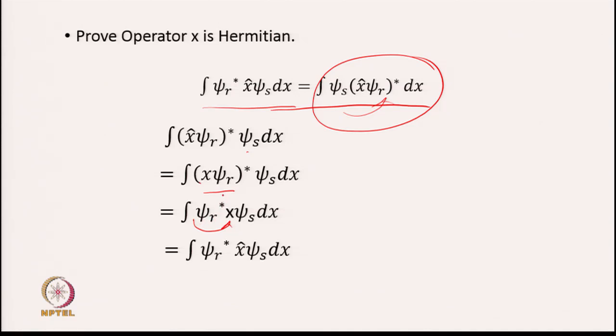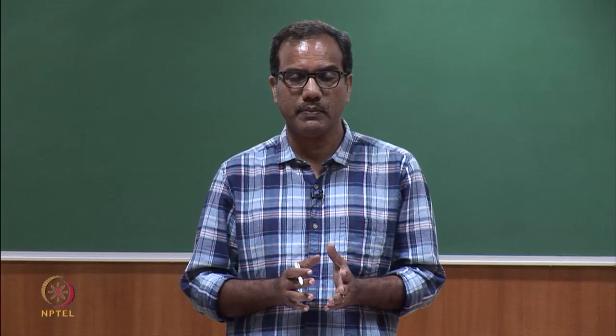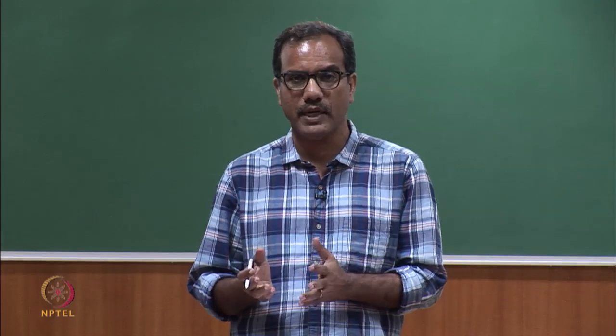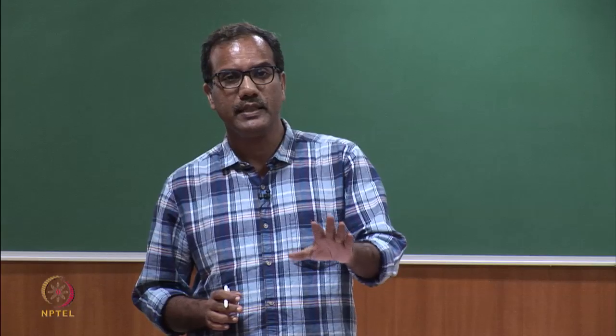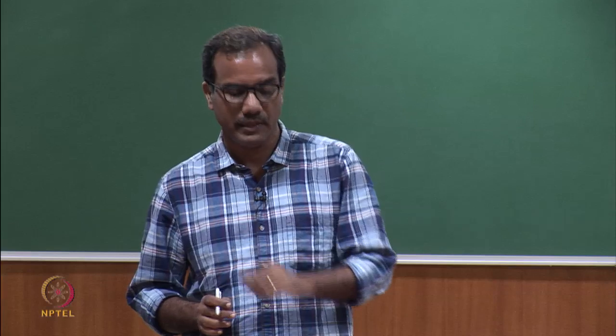So, psi r star, which comes from here, multiplied by x, x taken to this side, and psi s dx. Now, this x psi s can be written as the x operator into psi s, which is basically x multiplied by psi s, and that is what we are writing here. So, we started with the right hand side and we showed that this is equal to the left hand side. You see, this is the left hand side, and what that means is the operator x is a Hermitian operator.